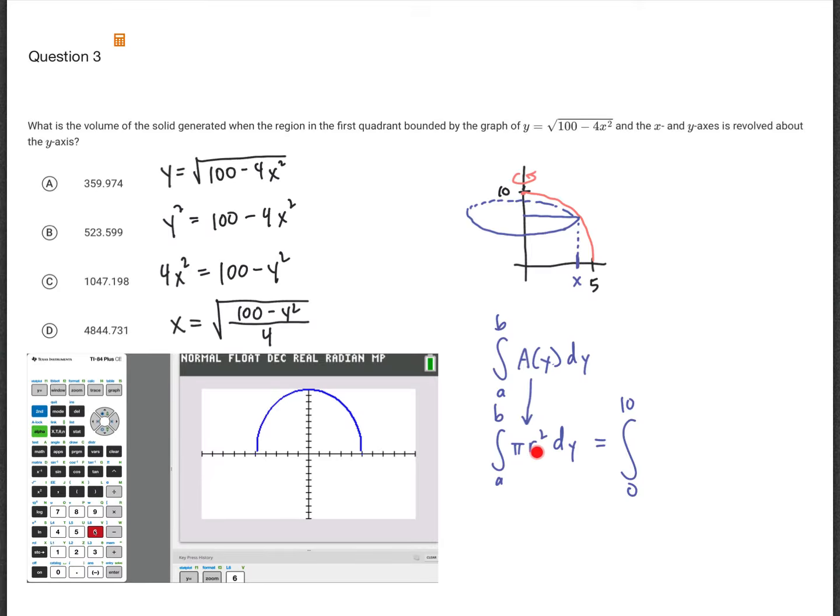This function is going to be in terms of y, so these limits have to be y values. Just the bounds, the y values are the bounds of the function.